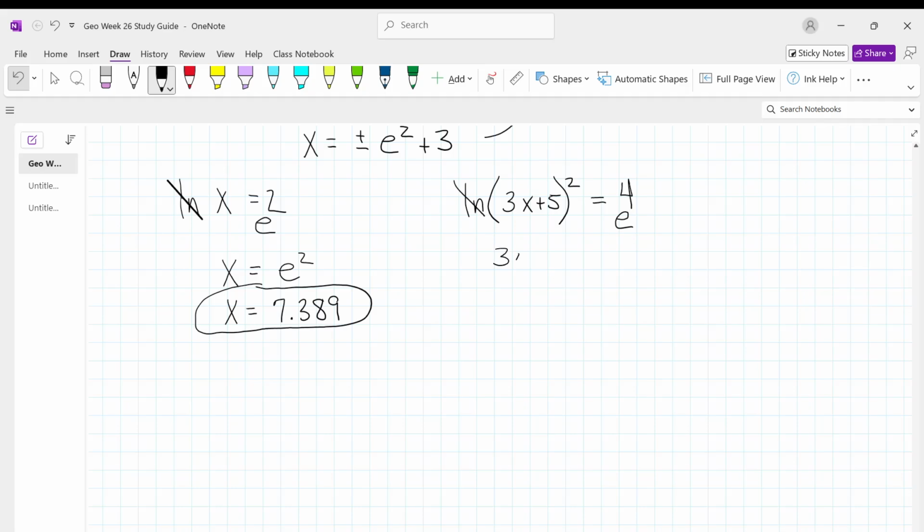We get (3x plus 5) squared is equal to e to the 4th. We square root each side. Square root of (3x plus 5) squared is 3x plus 5. And that's equal to, again, this is going to be positive or negative, e squared.